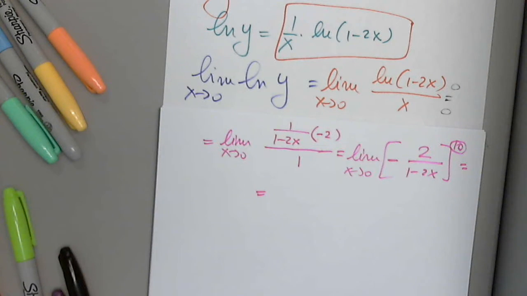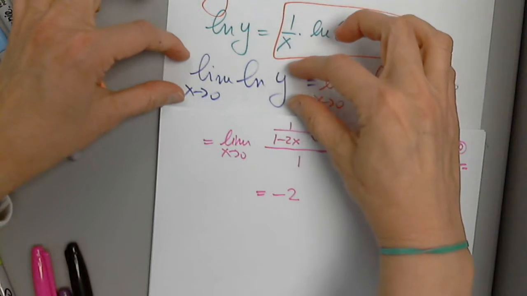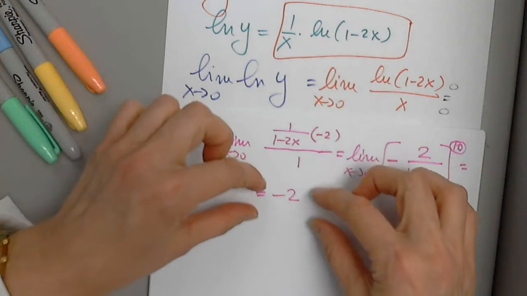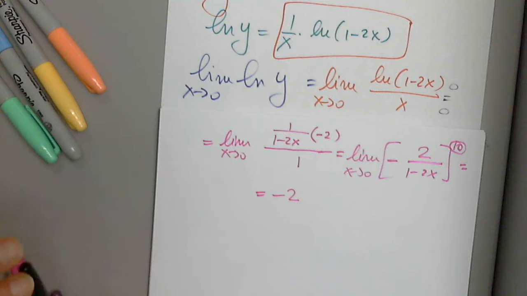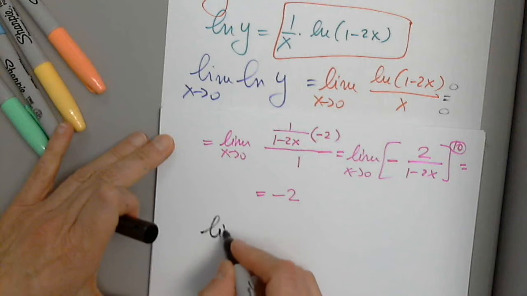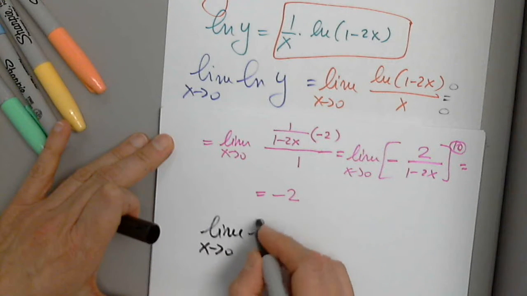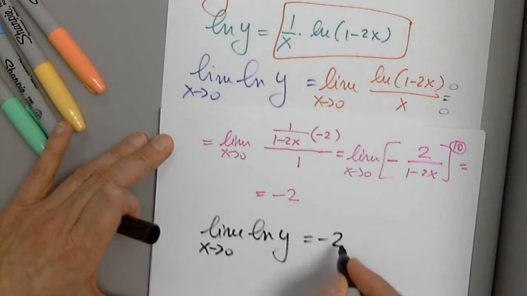Do you all agree with negative 2? The top is negative 2. When x approaches 0, the bottom is 1. So negative 2 over 1 is negative 2. Would you agree? Now I'm going to copy the beginning and the end, nothing in between. I will copy limit as x approaches 0 of natural log y equals negative 2.